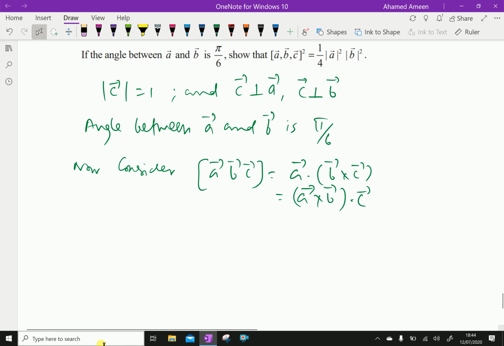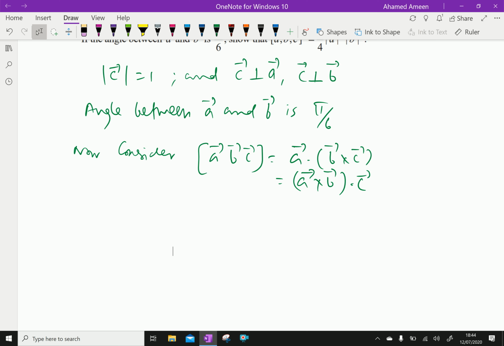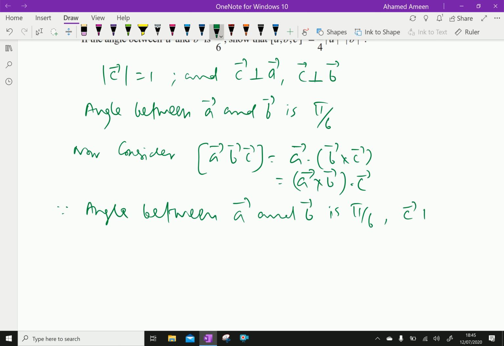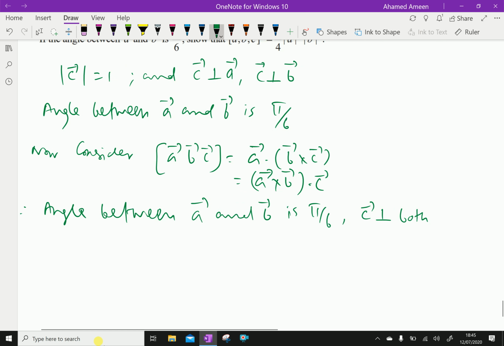Since the angle between vector a and vector b is pi by 6, also vector c is perpendicular to both vector a and vector b.